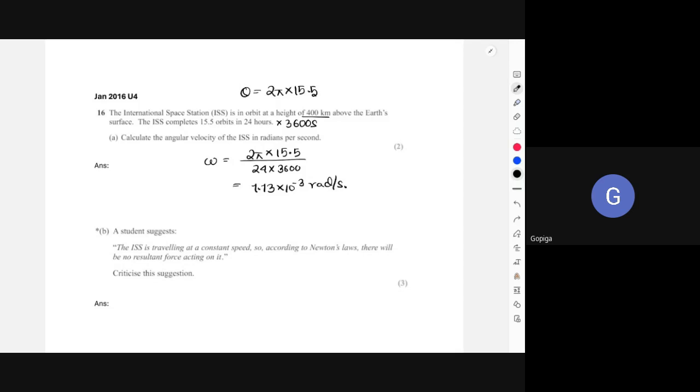Here the student is partially correct, where it says the speed was the same, which means the magnitude was constant, but the direction was continuously changing around the Earth. So there is a change in velocity, which indicates that it must be accelerating. The International Space Station must be accelerating around the orbit, and if there is an acceleration, there must be some centripetal force acting on it.